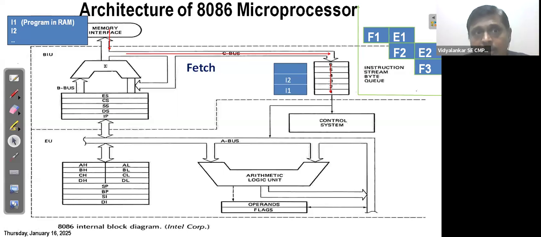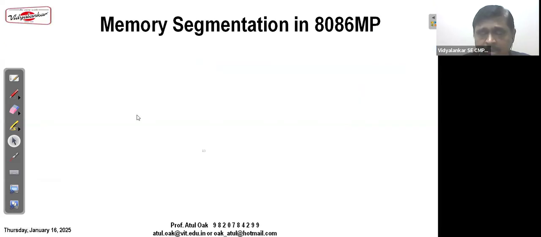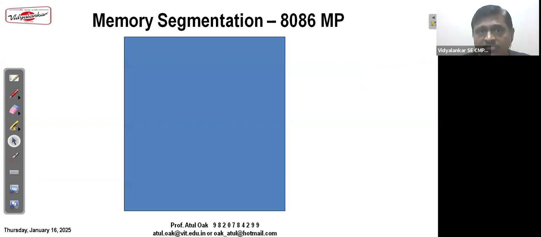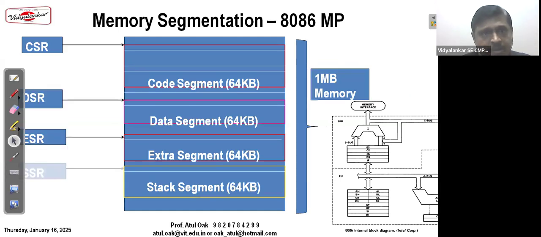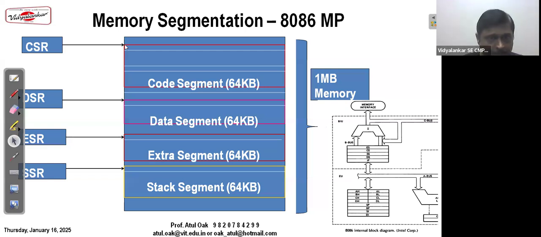Fine. So my BIU will read CSR, because CSR, the code segment register, tells the start of the code segment. By reading this CSR, my BIU will reach the start of the code segment, meaning here.